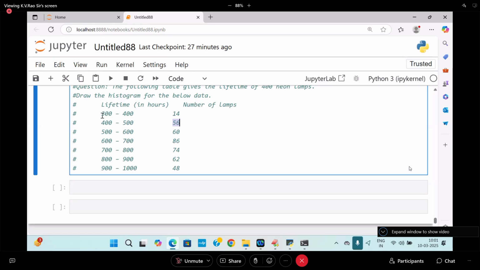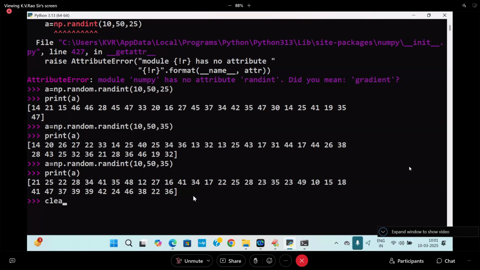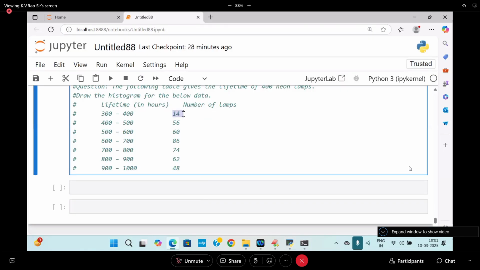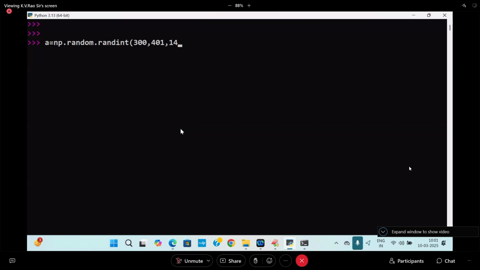If you are good at the random module, tell me: A is equal to np.random.randint of 300 comma 400 comma 14. What is the 14? It is the frequency of these values. Print of A.